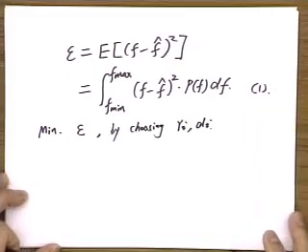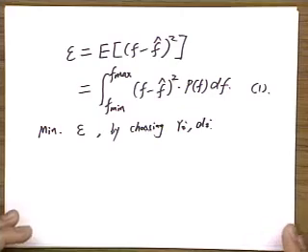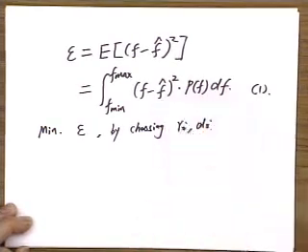And we know that we have several decision regions. Inside each decision region, the reconstructed value f hat is just a constant.